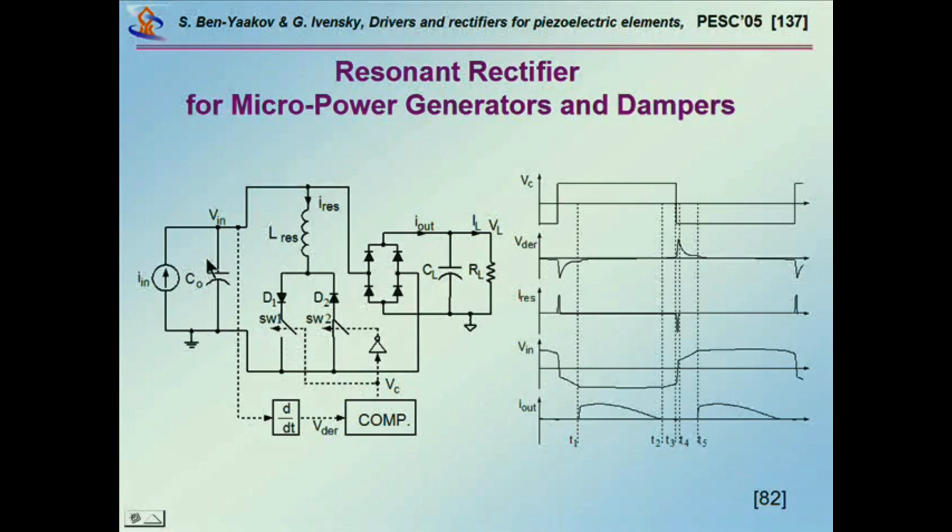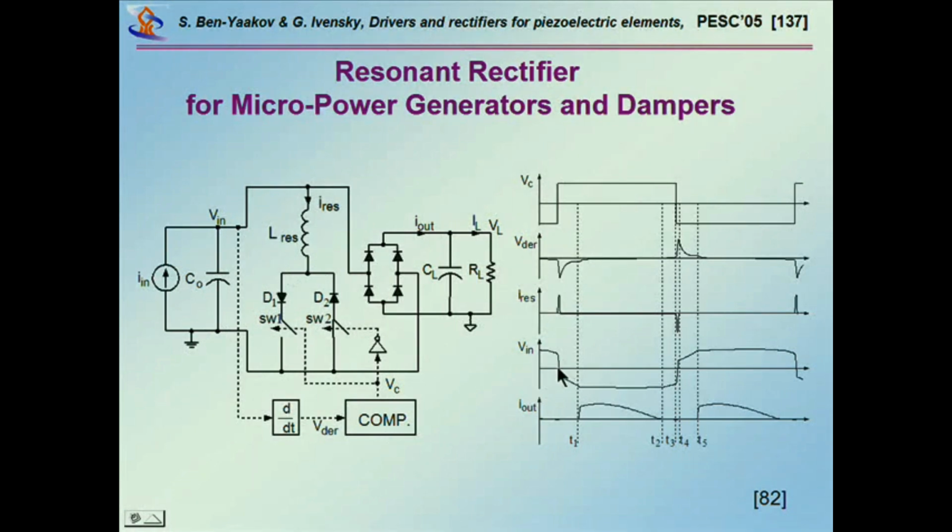When this switch is closed, then there is a resonant path like this, and this will cause a resonant current to generate. It will increase the current, and then eventually start building up a voltage which is positive here and negative here, until the current drops to zero, and that's it. Because of the diode, it will not reverse.